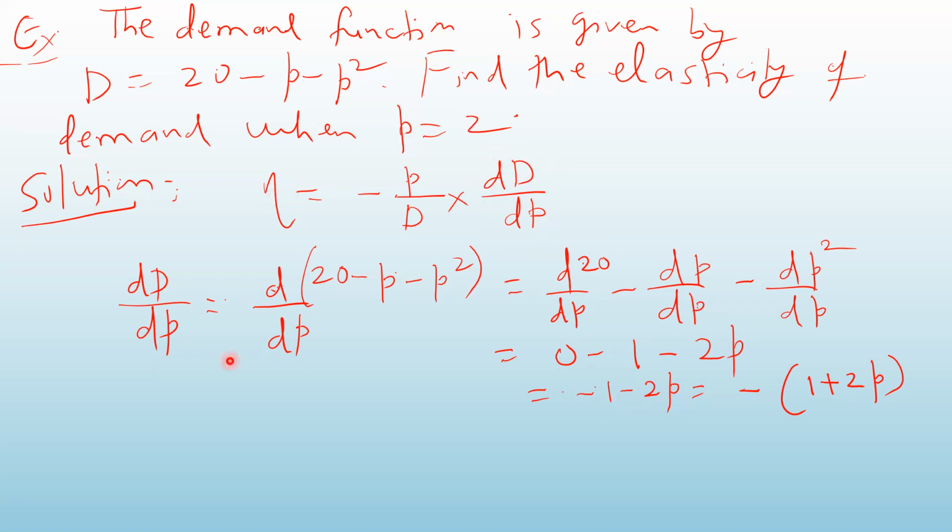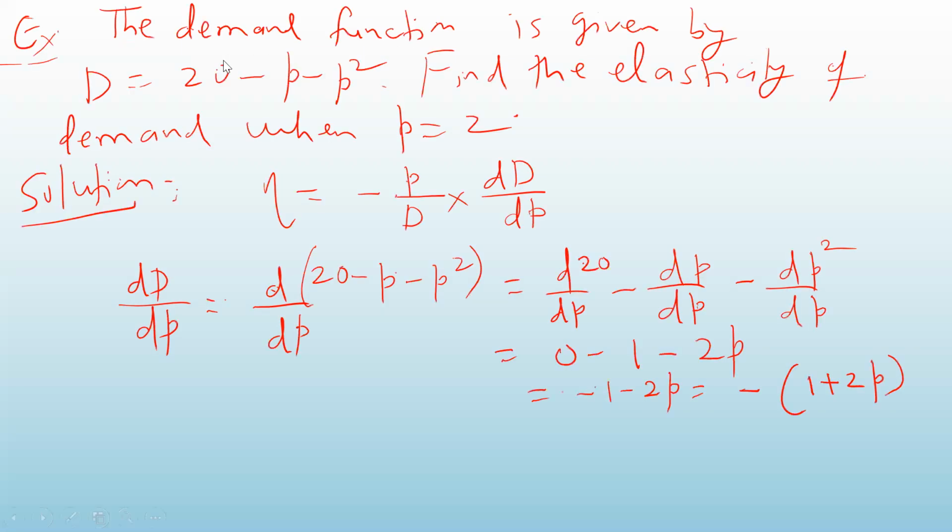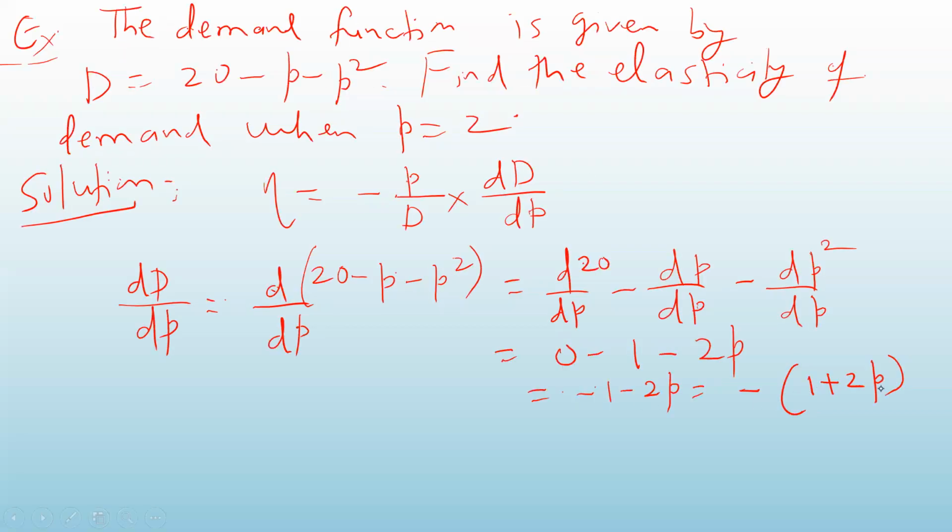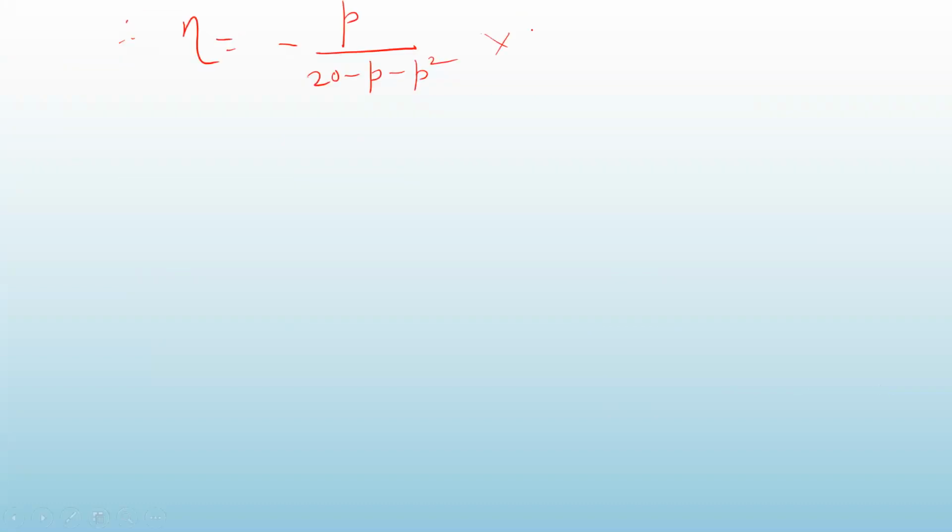Put it in the formula of eta. So eta is equal to minus P upon D, where D is 20 minus P minus P square, into derivative of D with respect to P, which is minus of 1 plus 2P.